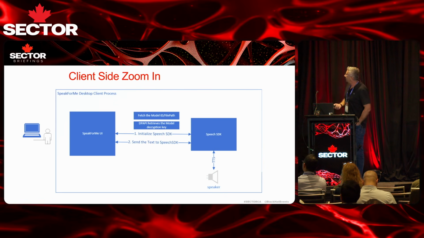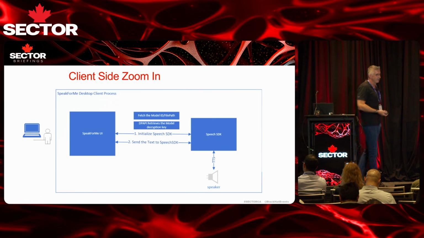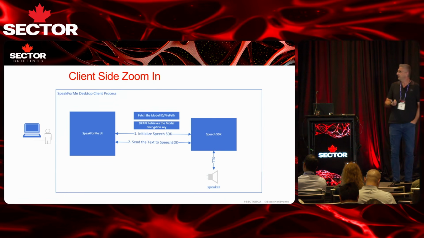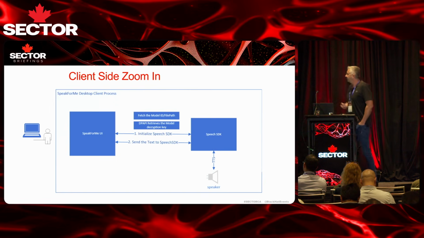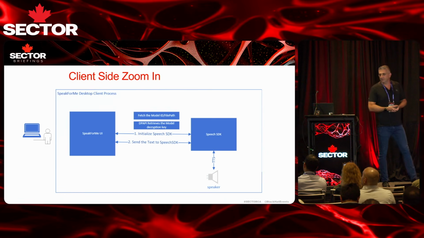Now let's zoom into the client side. The Speak For Me user interface leverages the existing accessibility feature in Windows called Text-to-Speech SDK. If you're not familiar with it, this is just an SDK to play text messages with a generic voice.